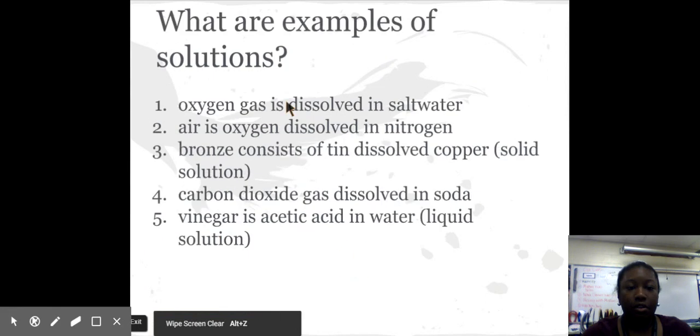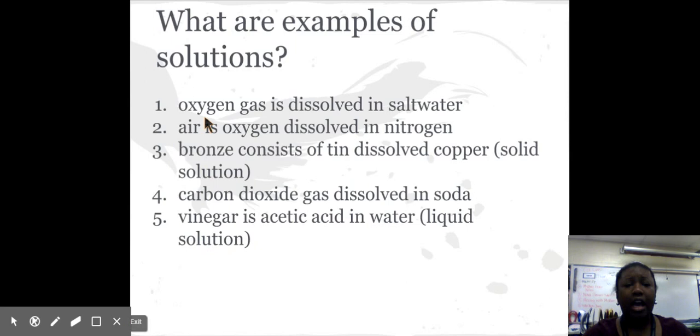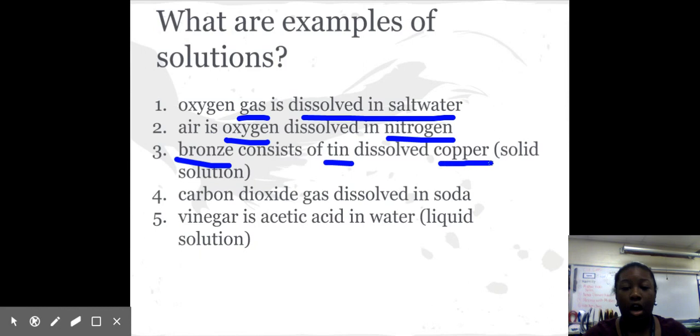So some examples of solutions: we have oxygen gas dissolved in salt water. Fish are going to be in the colder part of water, not in the warmer part. That is where that gas is going to get dissolved, because fish need oxygen to live. Air is oxygen dissolved in nitrogen. Another example of a solution is bronze, which consists of tin dissolved in copper.